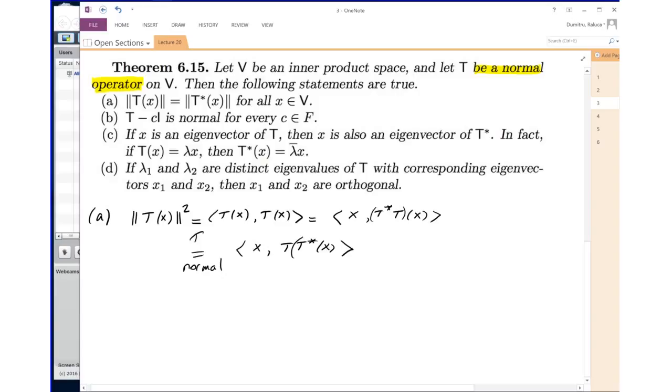It is T star of x, which is in fact T of T star of x. So then take this T from the second and move it into the first with the adjoint. So we end up with the inner product between T star of x and itself, and this is nothing more than the norm of T star of x squared. In conclusion, the norm of T of x equals the norm of T star of x for every x.